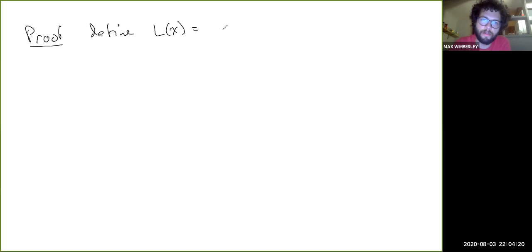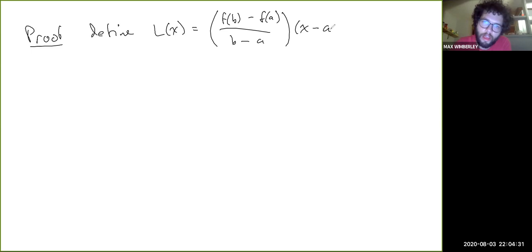So it'll be f of b minus f of a over b minus a times x minus a, plus f of a.